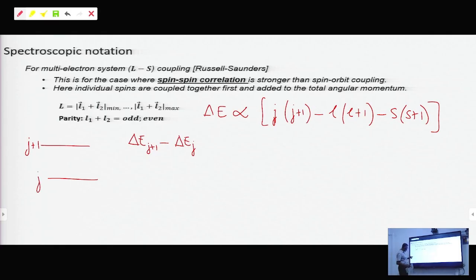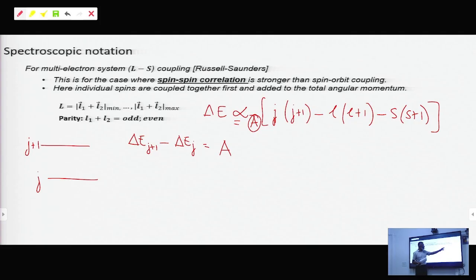I'm trying to find which is higher and which one is lower. These are consecutive states, and I'm trying to find out the difference between these two. Suppose there is some constant, it doesn't matter, so the constant will remain. This will be equal to some A. Now, what I'm going to do is keep L and S the same and only J will vary.